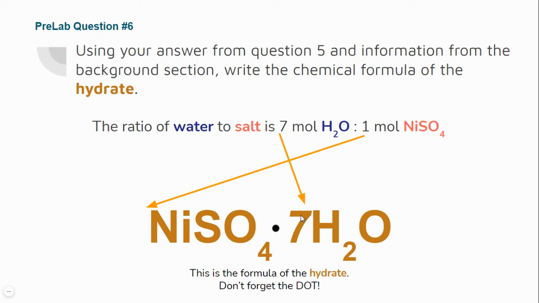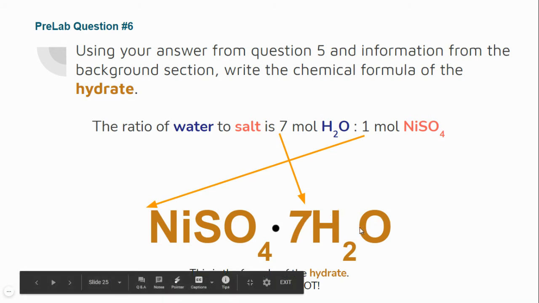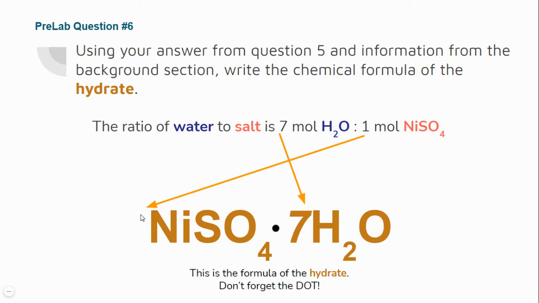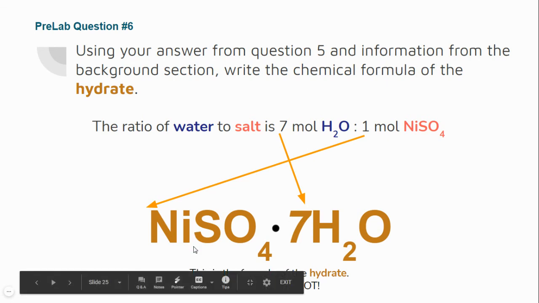And if you look here, we also have our coefficient 7 in front of the H2O. Now, you might have noticed that we didn't write the 1 in front of nickel(II) sulfate. The reason is that if there is no coefficient written, just like if there is no subscript written in a formula, we assume it is 1.